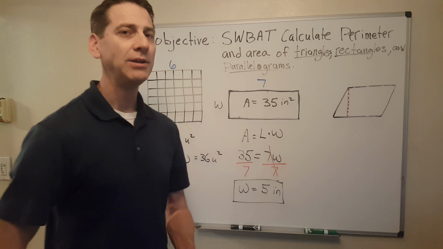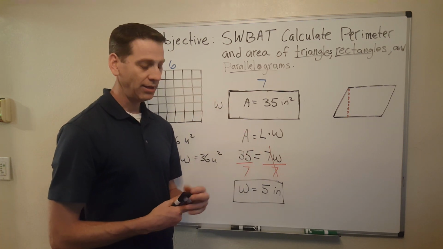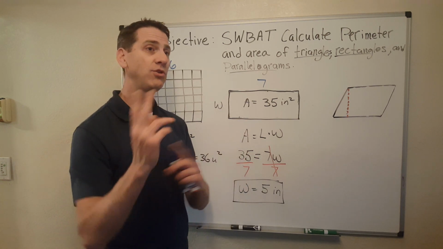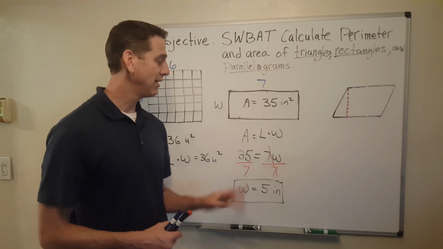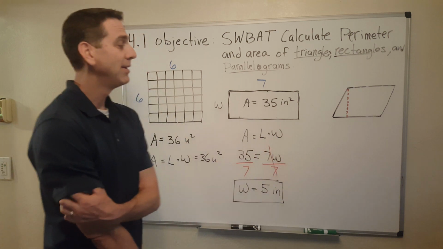So you can solve these problems involving area, as long as you have 2 out of the 3 variables, you can find the third.